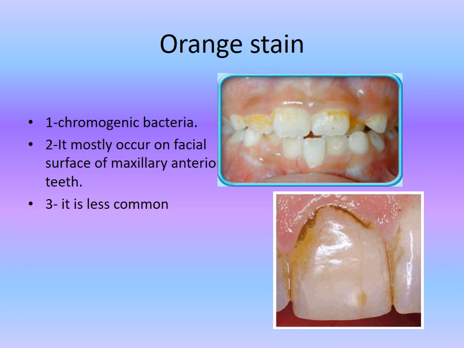Orange stain. It is also caused by chromogenic bacteria, and it mostly occurs on the facial surface of maxillary anterior teeth. It is less common than other types of stain.